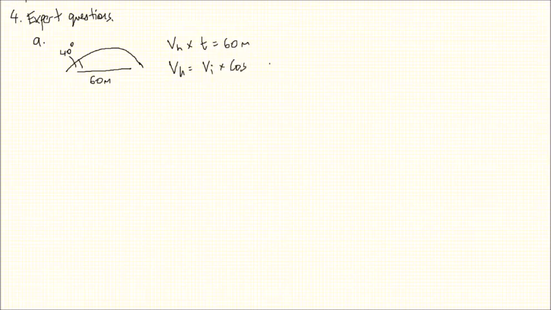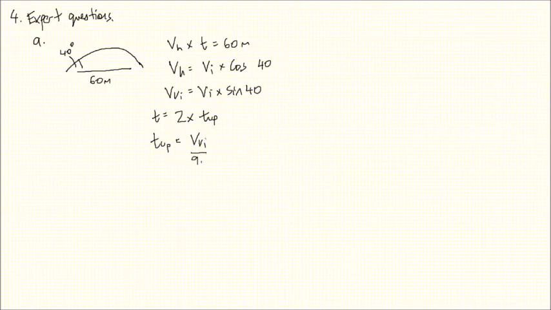Well, obviously at the apex the vertical velocity is 0, the acceleration is negative 9.8 because it's projectile motion. But what we're going to do is try and work out what equations we have. So the range is found usually from the horizontal velocity times the time, and we've been given the range. So first equation, VH times T equals 60 meters.